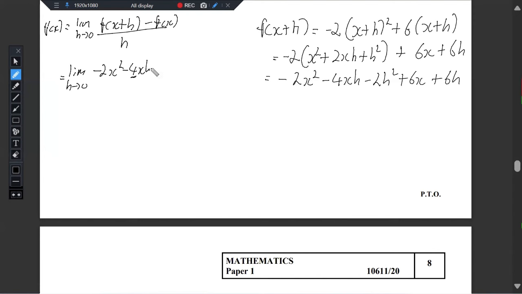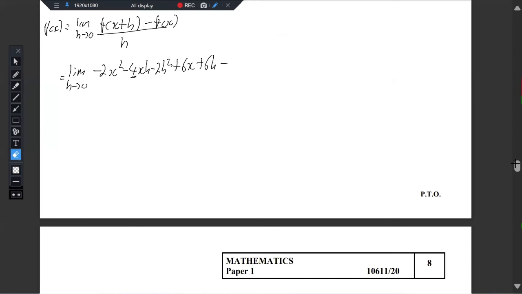You want to substitute it here. And then plus 6x plus 6h. Then you have to minus f of x. So because now we have substituted, let me erase it to make space. So now you have to substitute the whole equation of f of x, but then it's an expression, so make sure you don't forget to put it inside the brackets. 6x over h. Then this is lim h approaching 0.